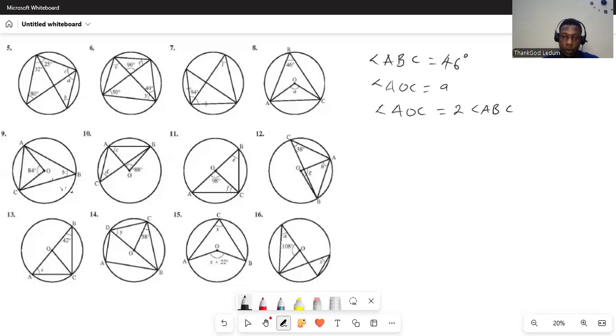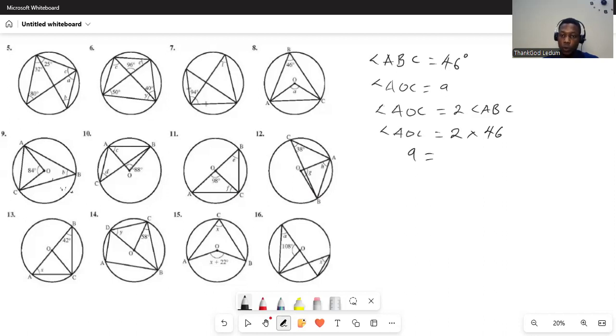With this, we can now go ahead and say that our angle AOC will be equal to 2 times, remember our angle ABC is 46. Remember our AOC is given to us here to be what? a. So we can just change this to be a.